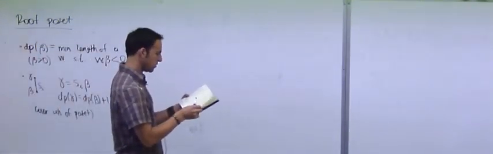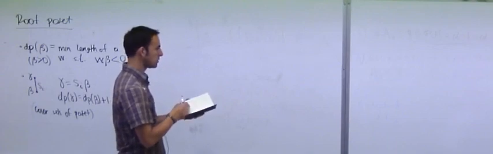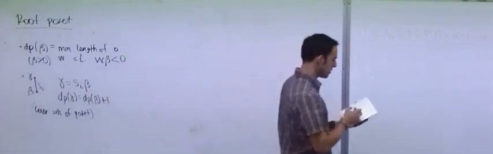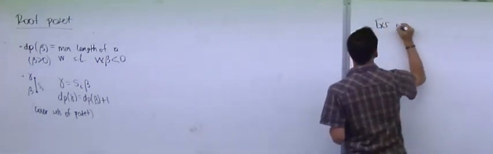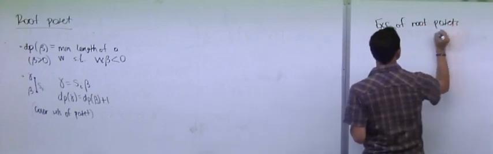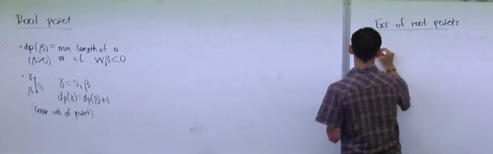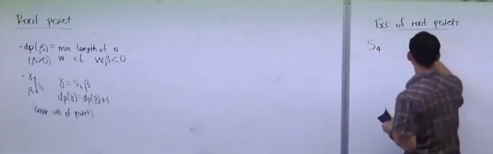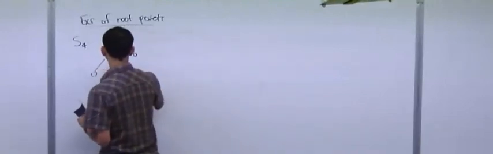So what I would like to do now is, first let me remind you that we talked about the root poset of S4 last time, and we said that it looks like this.